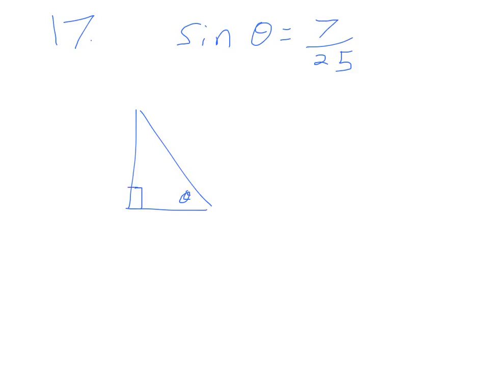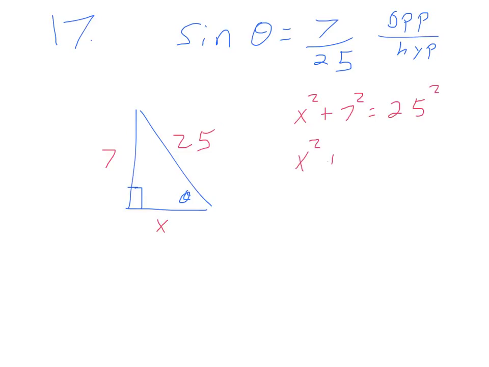So sine, remember, sine is opposite over hypotenuse. That is part of SOHCAHTOA. So opposite is 7, hypotenuse is 25. And really what we need to do is find, we'll call it x, why not? So it's x squared plus 7 squared equals 25 squared.